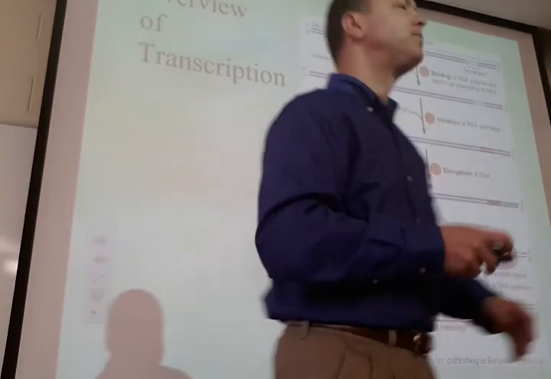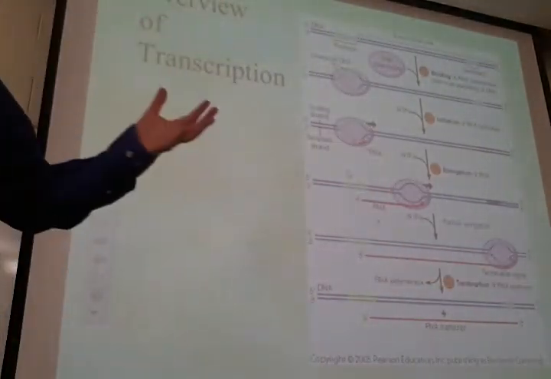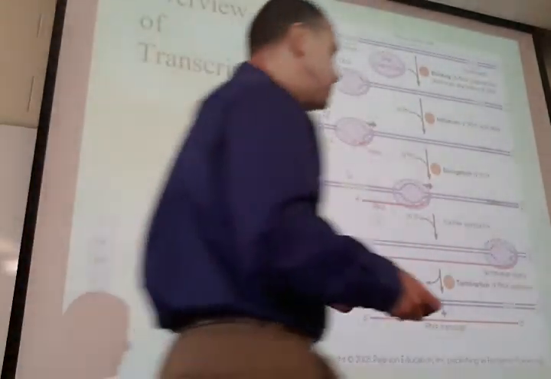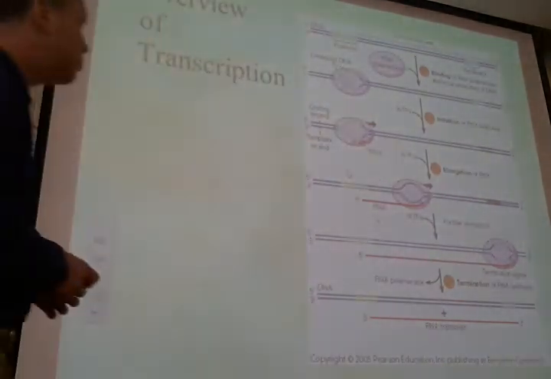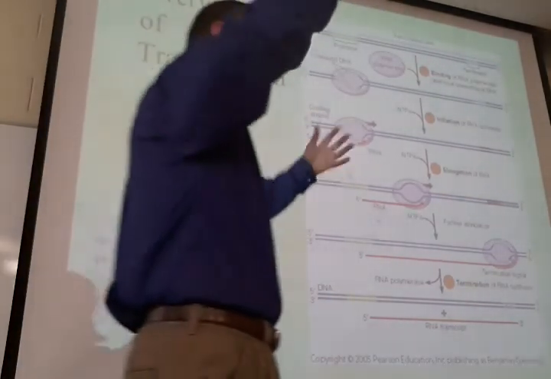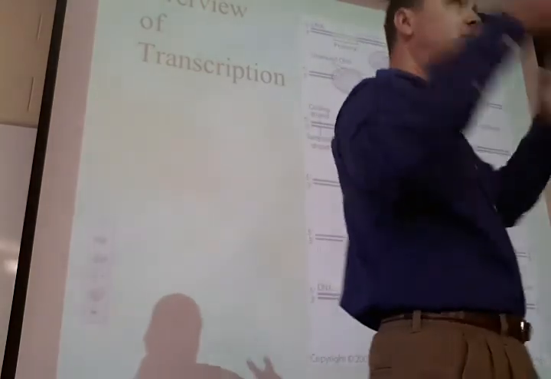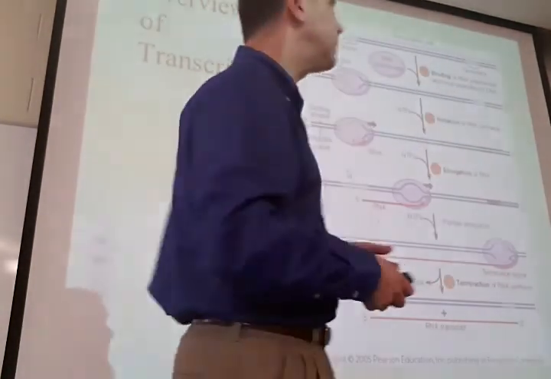That's going to make this a lot simpler. And we will see lots of similarities between DNA replication and transcription. Except the biggest difference is, of course, DNA replication replicates all of the DNA. Transcription is just about a single gene at a time, basically.